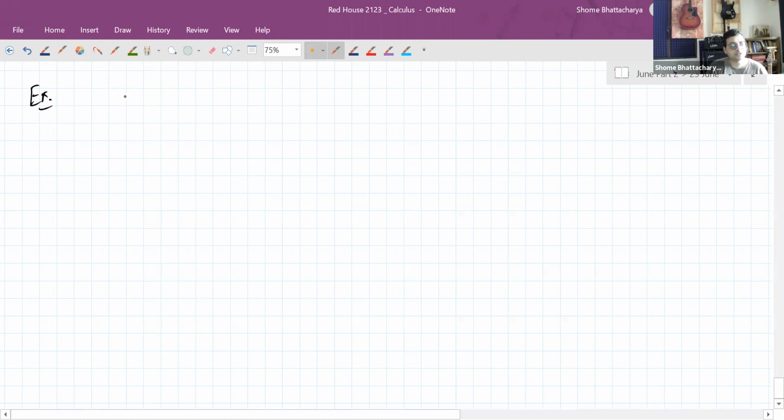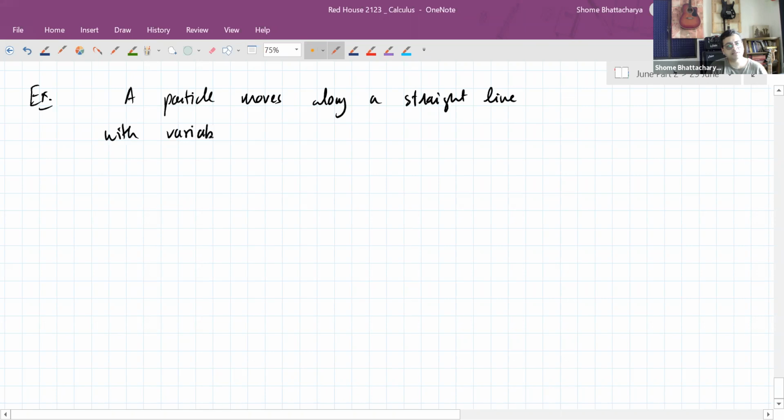So it is given to us that a particle moves along a straight line with variable acceleration.